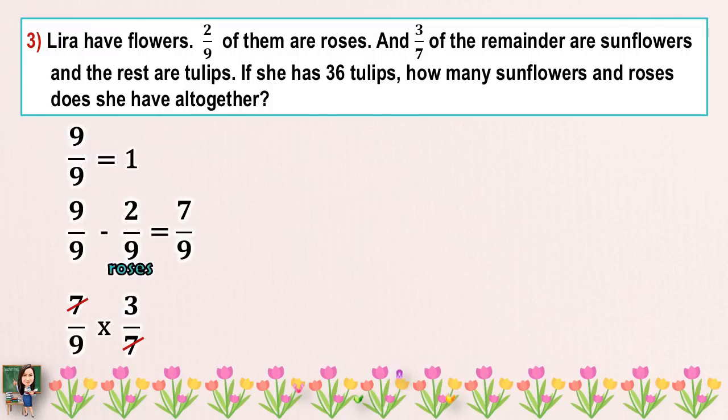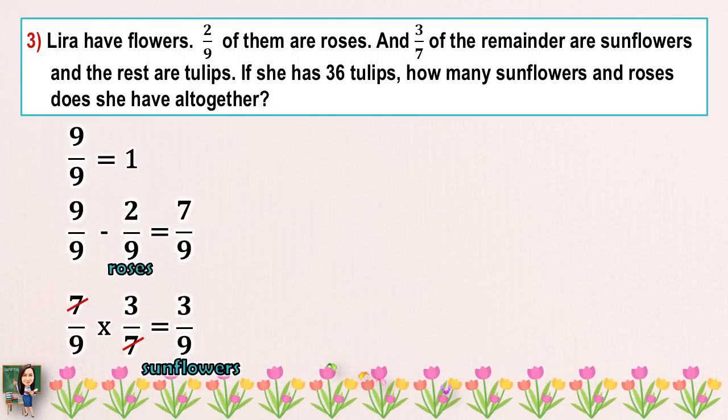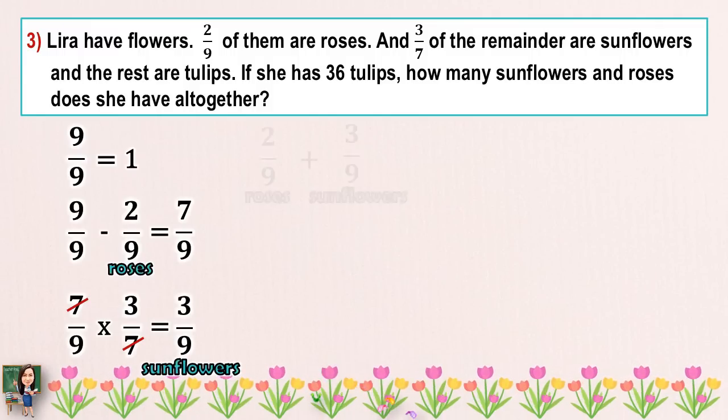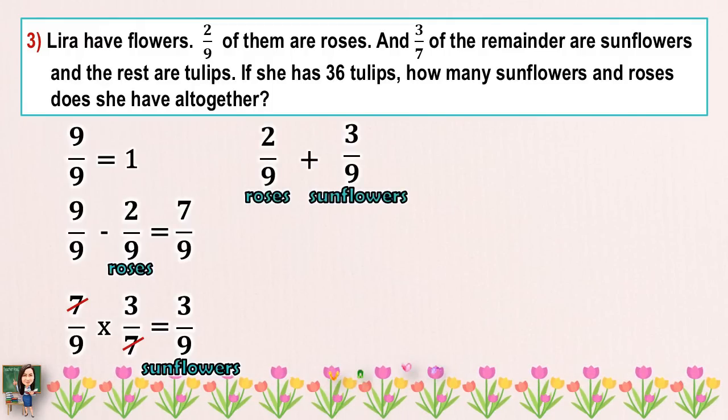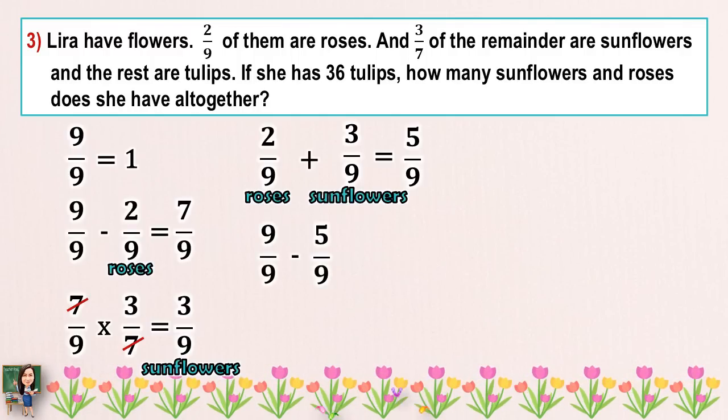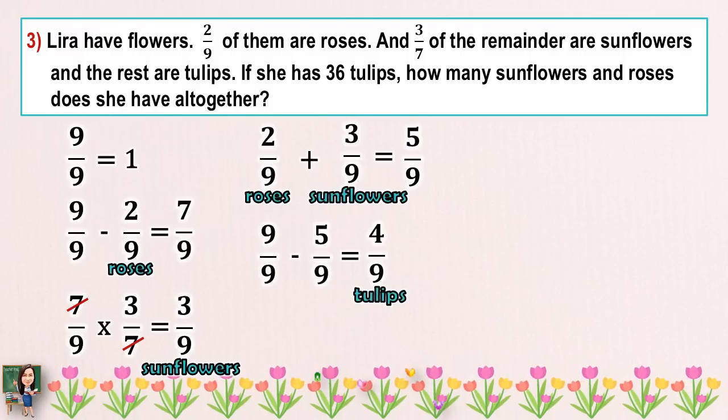So 1 times 3 equals 3 over 9. 3/9 sunflowers. Then add 2/9 roses plus 3/9 sunflowers equals 5/9. And then the whole of flowers, subtract 5/9, equals 4/9 tulips.